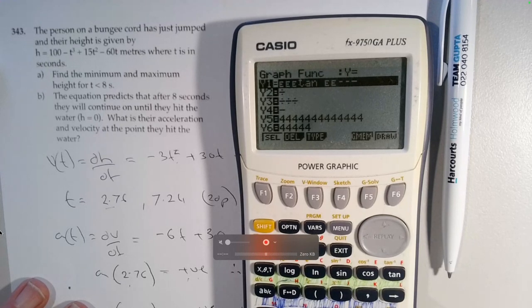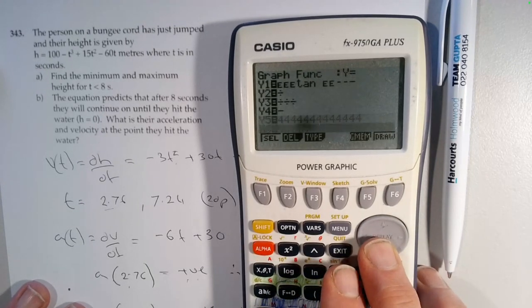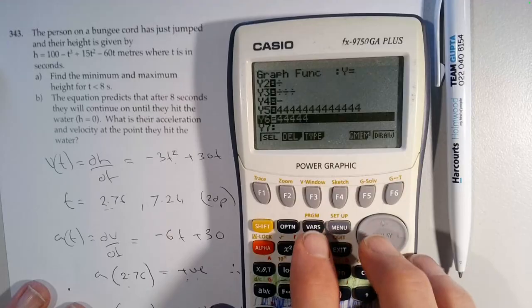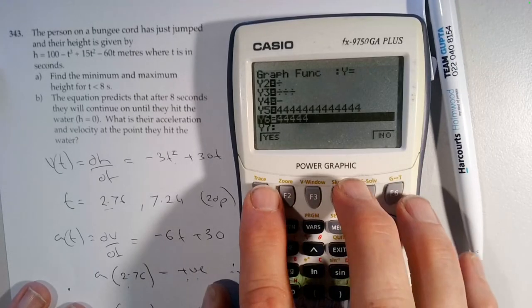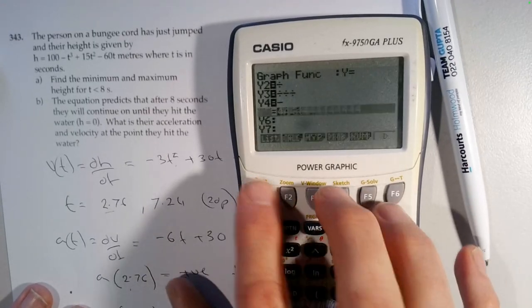Okay, so the graph function here looks like there's some rubbish going on in here, so I'm going to have to delete, so a bit of prep here. Yes, delete, yes.